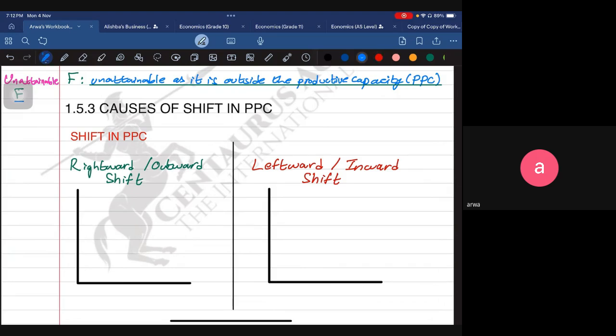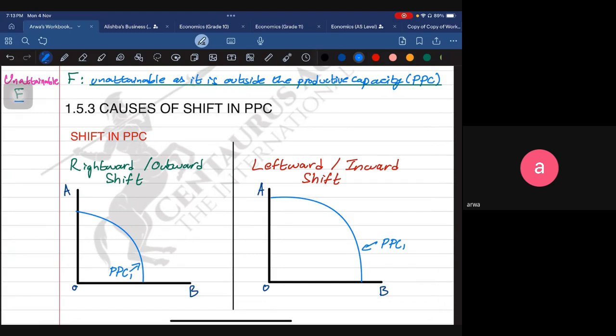If we look at this production possibility curve where we have product A and product B and the origin, here we have one production possibility curve. This is the original PPC, PPC1, and here we have another production possibility curve.